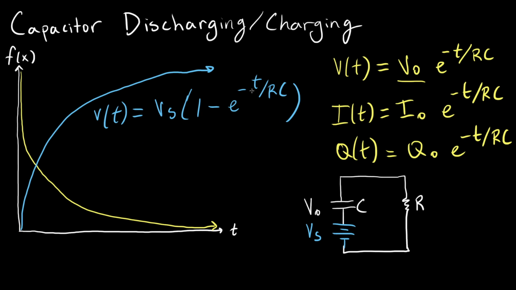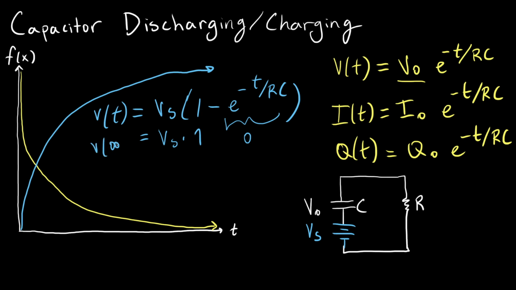And now let's test what happens when t goes to infinity. When t goes to infinity, this will tend towards 0, since this term will get smaller and smaller as t grows larger and larger. And as this goes to 0, that means that it's just Vs times 1.